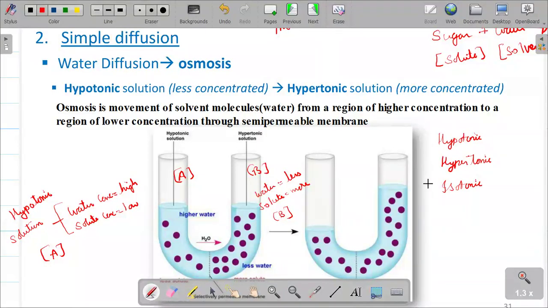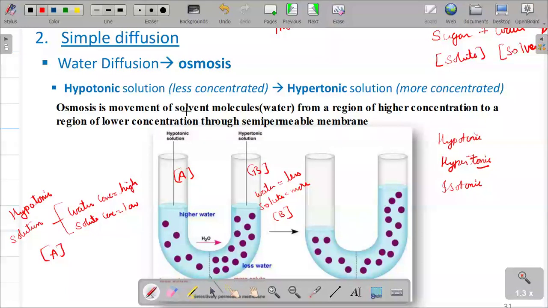Hypotonic means water or solvent concentration is very high compared to the other cell, and solute concentration is low. Hypertonic, tonic stands for solute, means the concentration of solute is more and water is less. Isotonic means a more or less balanced solution.